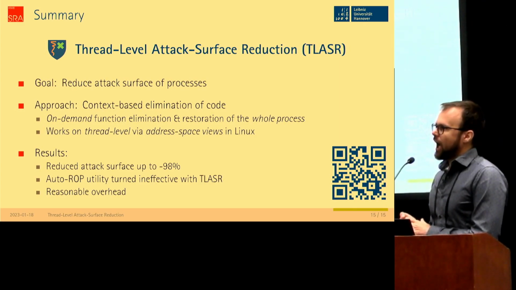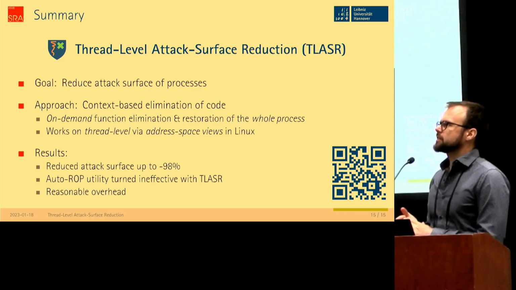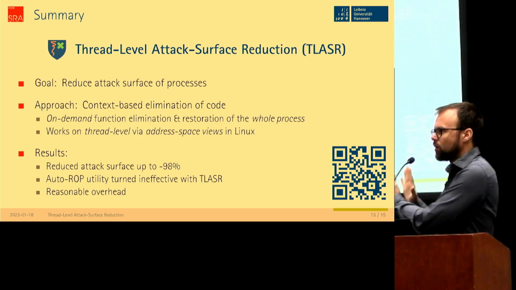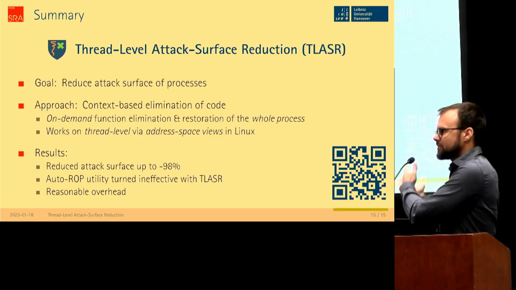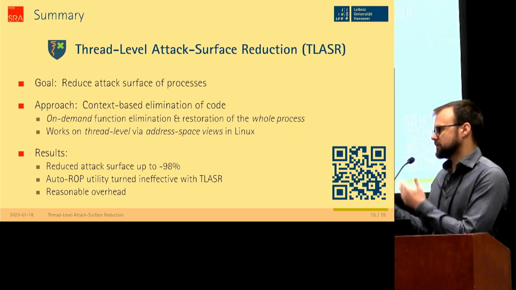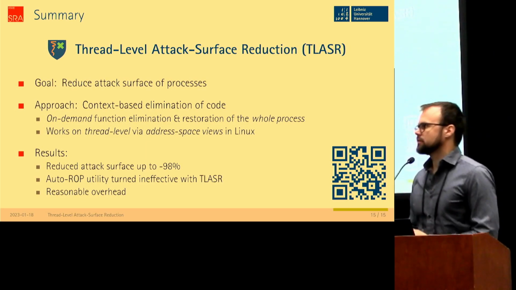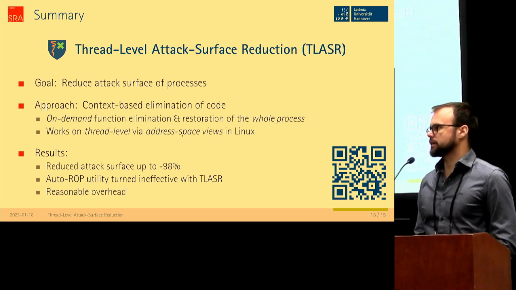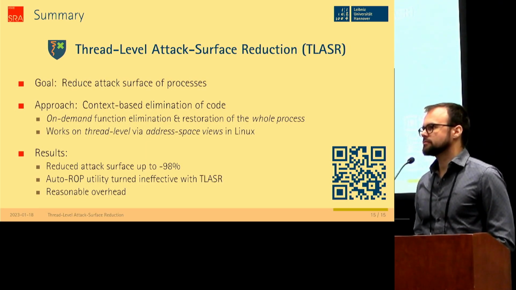I don't know of attacks that are totally different. They all work in a similar way. We can use indirect jumps and stuff, but basically these kinds of attacks. Okay. Any other question?